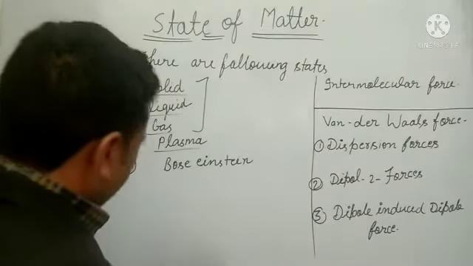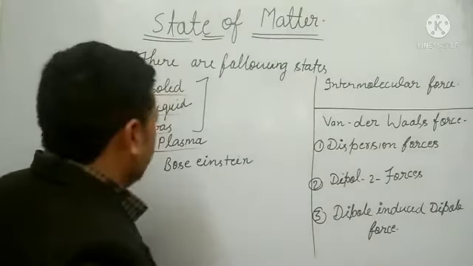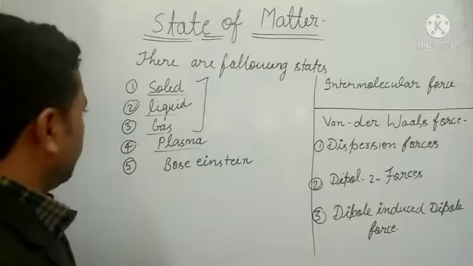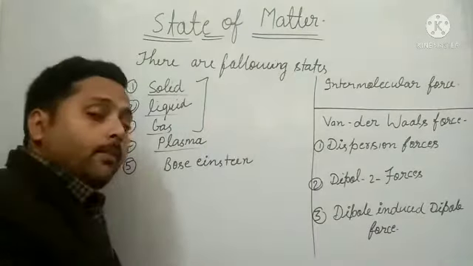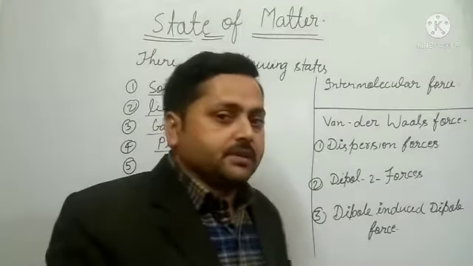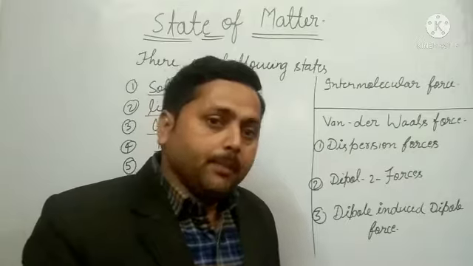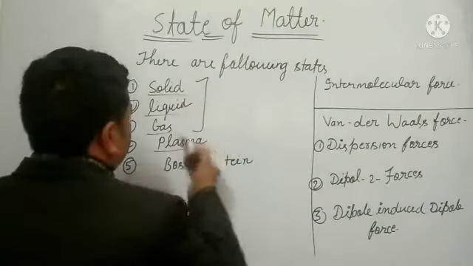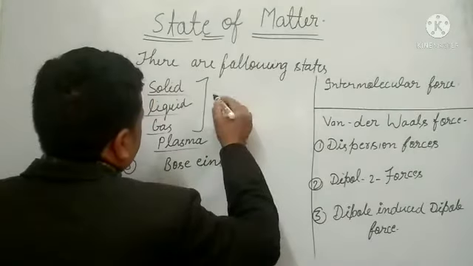Just see, they may be in different states, but their chemical formula is the same. What points should be noted? The state of matter may vary, but they have a similar chemical formula.